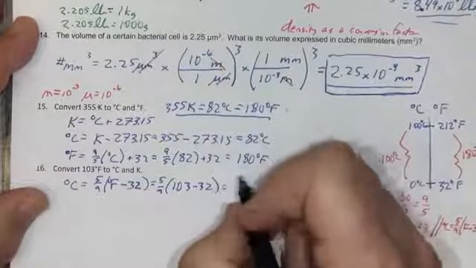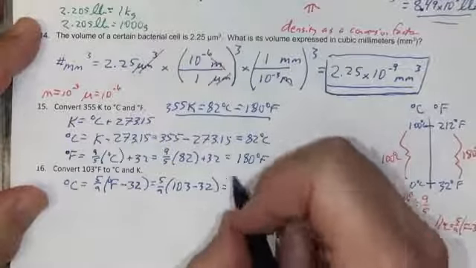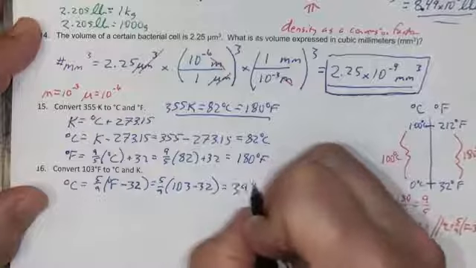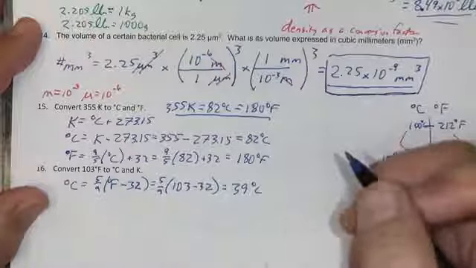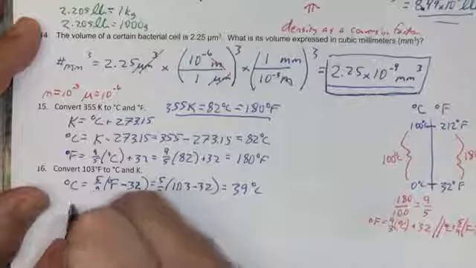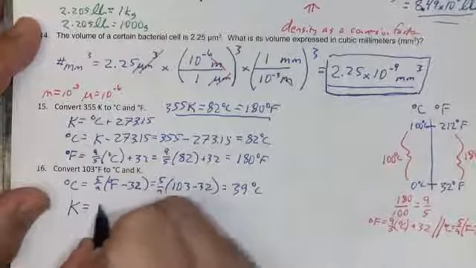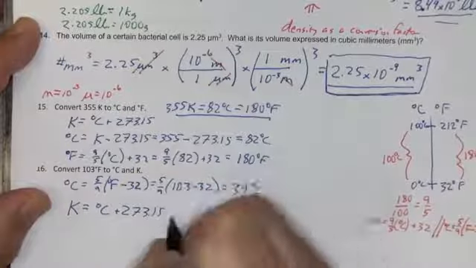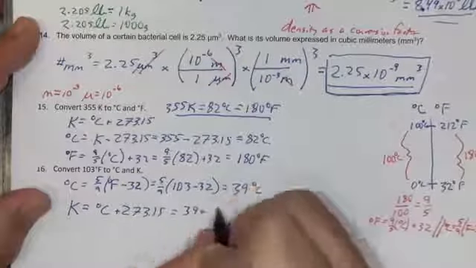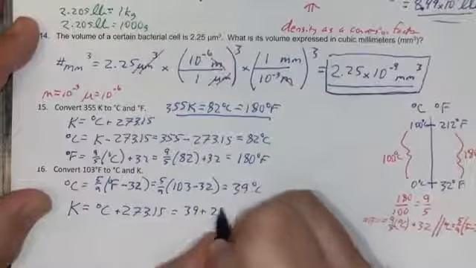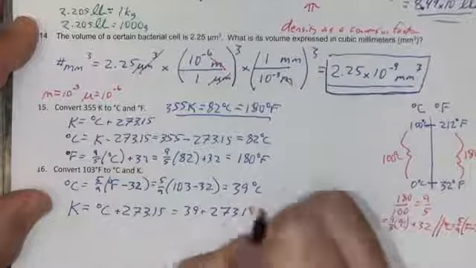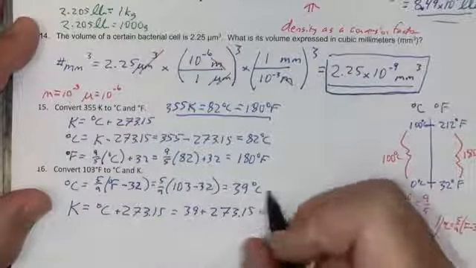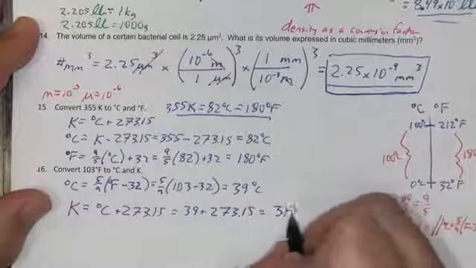And when we calculate that out, the temperature in degrees C will be 39 degrees C. And the temperature in Kelvin then is equal to the temperature in degrees C plus 273.15. That's 39 plus 273.15. And that calculates out to be 312 Kelvin.